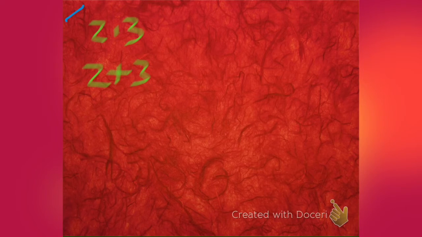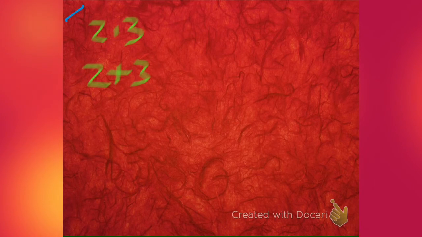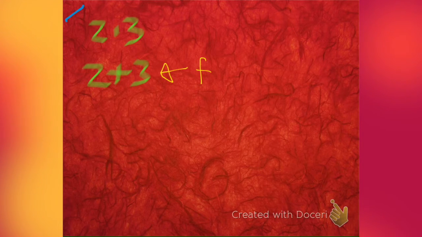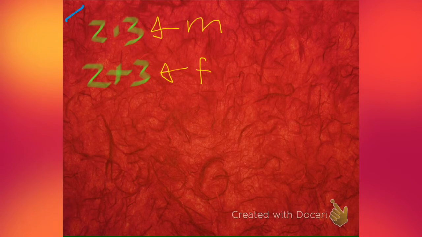Which one of these is actually physically written closer, the times or the plus? The times. So I like to call this friends and this more than friends. I think they're going to multiply.